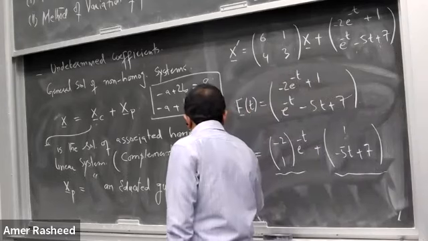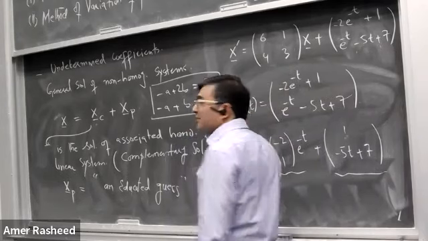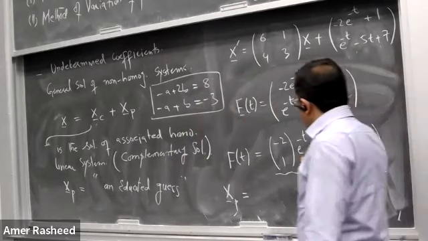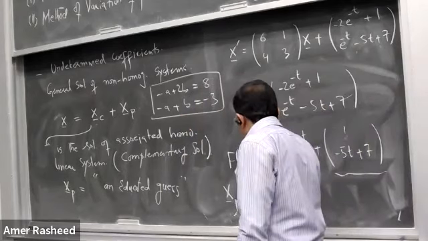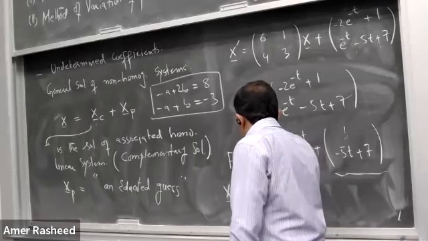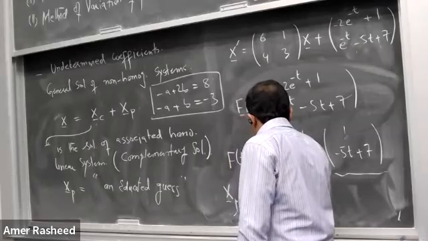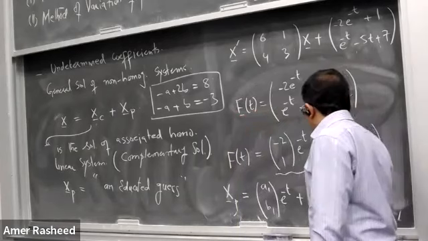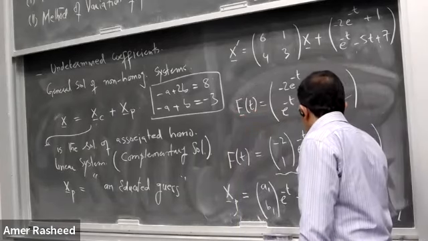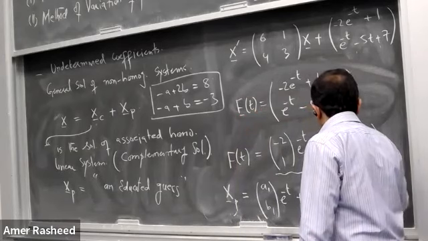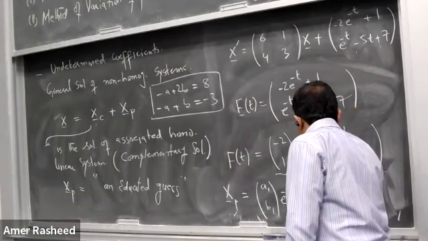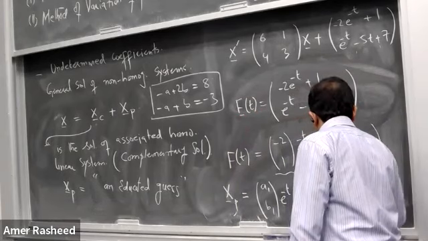Now, in this case, what we assume as a particular solution is: here we have an exponential, so we assume some constants a1, b1 times e raised to the power negative t, plus, here we have a polynomial of degree 1, we can say this is a2 t plus a3, and then here b2 t plus b3.